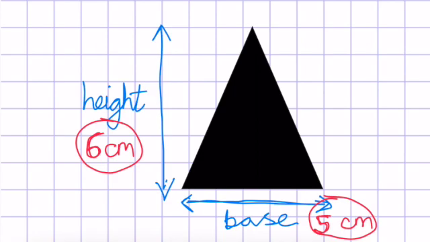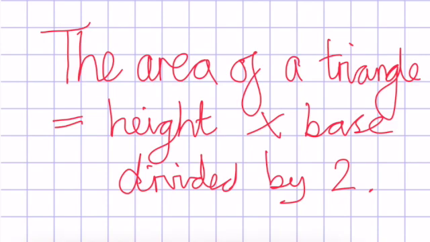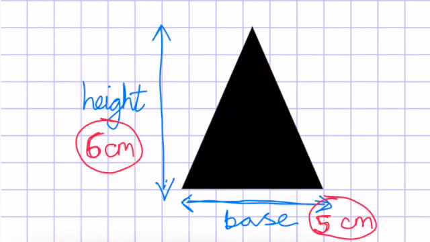So, how do we find the area of a triangle? The area of a triangle is the height times the base, but then you divide the answer by 2. So it's just one extra step from finding the area of a rectangle. So to find the area of this triangle, we would do 6 centimetres times 5 centimetres.